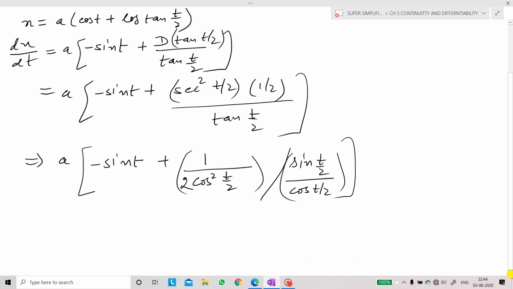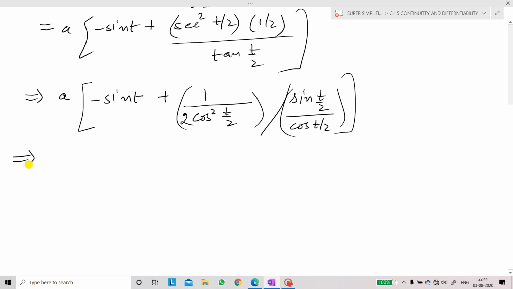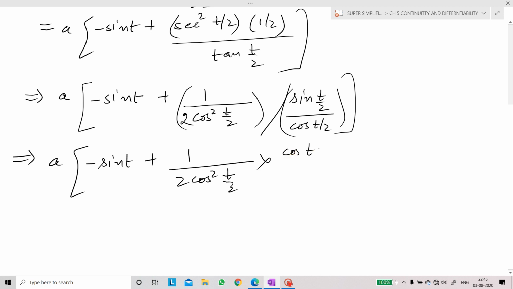So what we write in the next step is minus sin t plus 1 upon 2 cos square t by 2, and when this comes in multiplication, it becomes cos t by 2 upon sin t by 2.